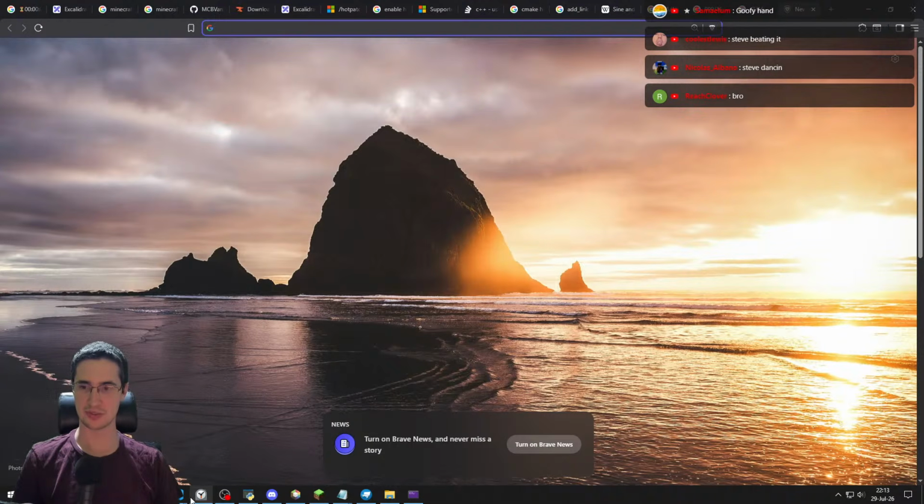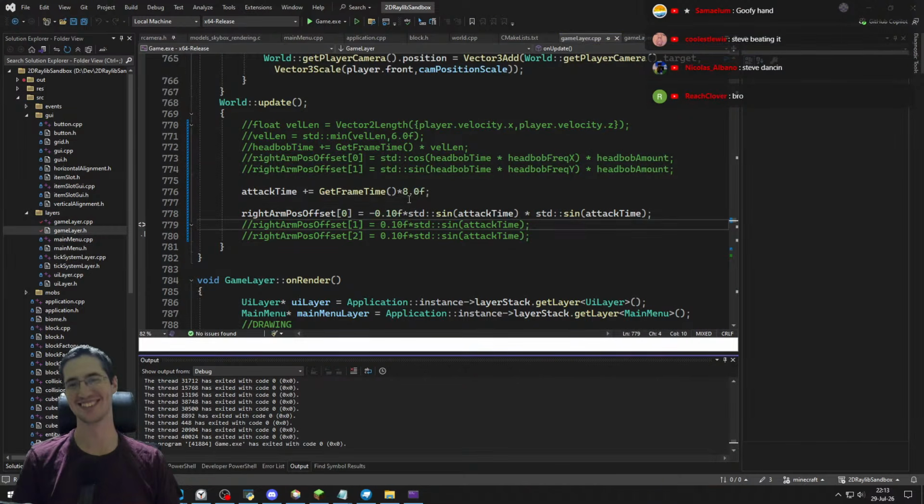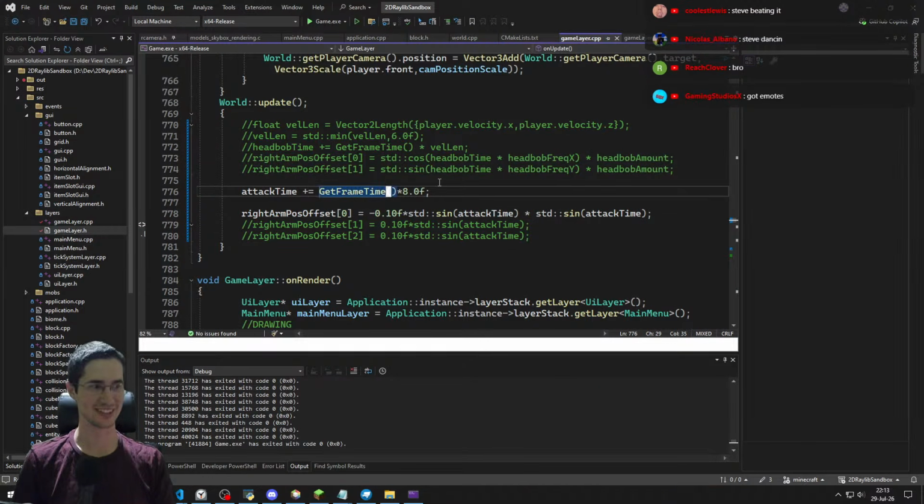Let's make the speed slower. It goes a bit up when you start to break a block. Here, let's do multiplied by 2. And let's make it a bigger distance traveled.